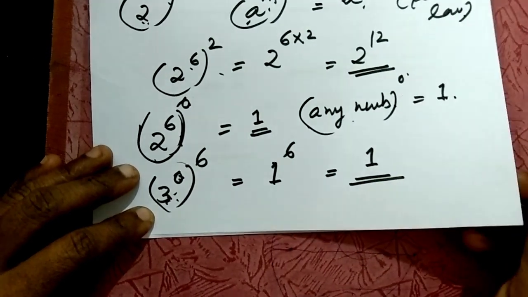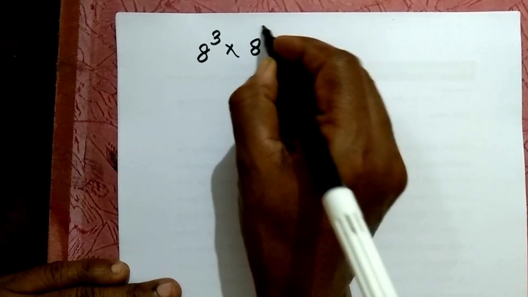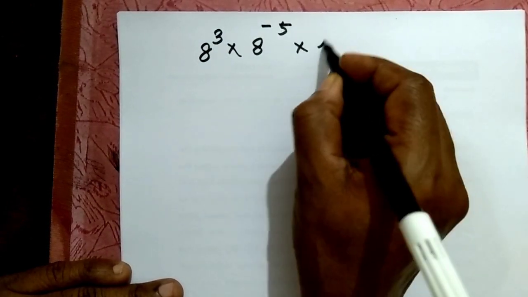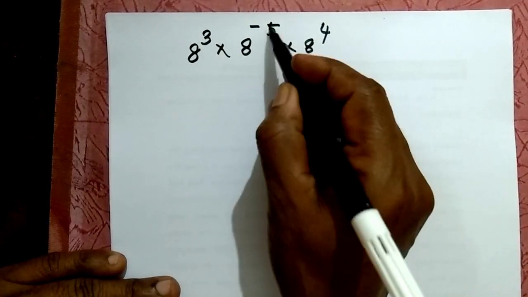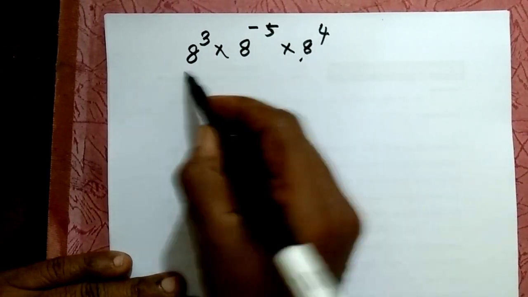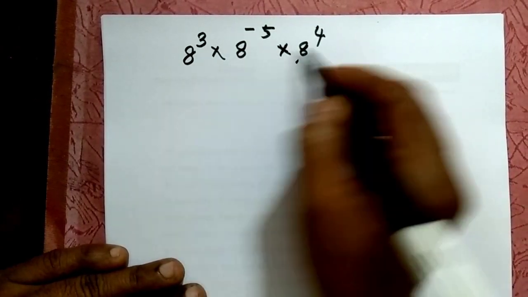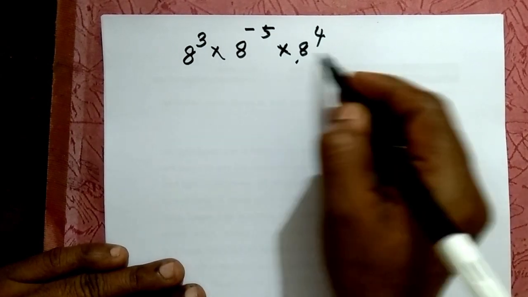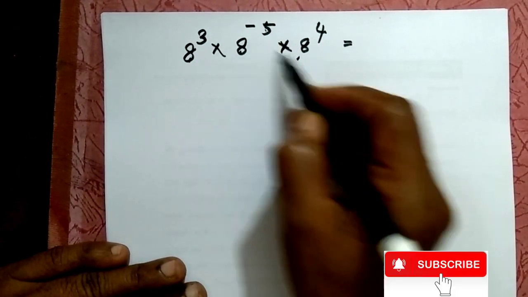Okay. Then next problem is 8 raised to 3 into 8 raised to minus 5 into 8 raised to 4. Here 3 exponential numbers are there. Till now we have learned two exponential numbers. Here also same thing, a raised to m into a raised to n method.